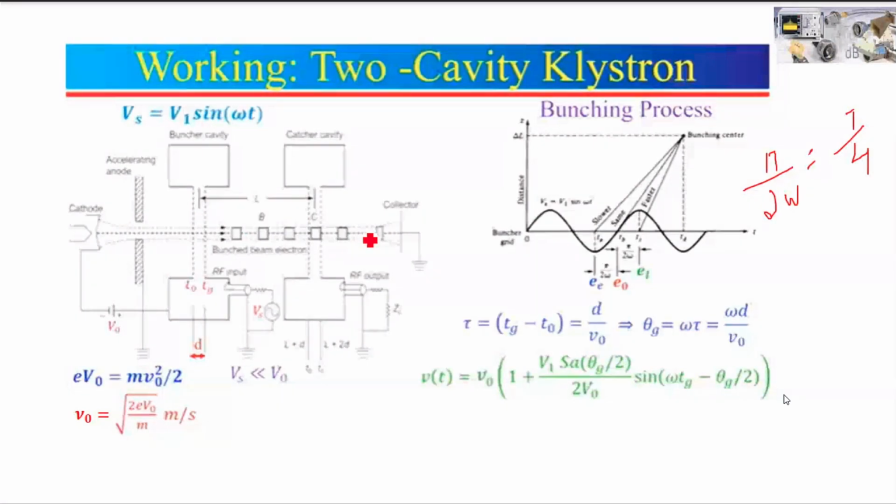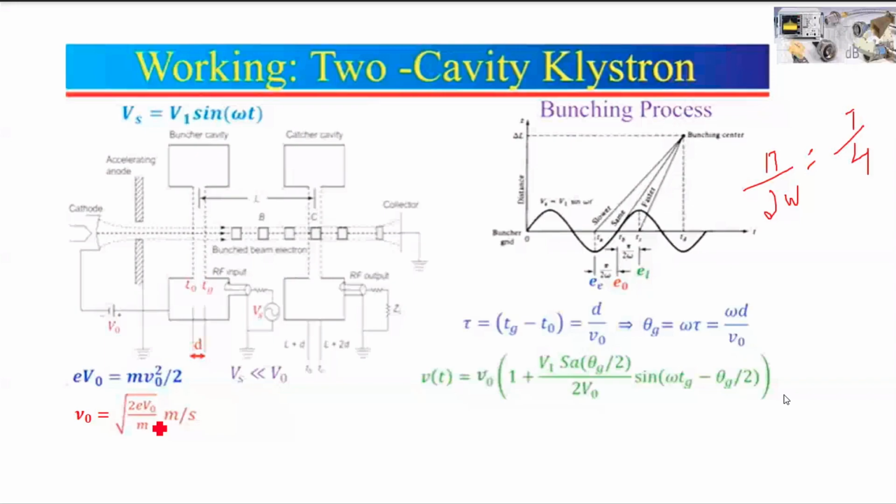The velocity of this electron can be calculated by this particular formula: under root of twice of e V naught divided by m, where V is the DC voltage. When you compute the entire thing, you get the equation for velocity modulation.